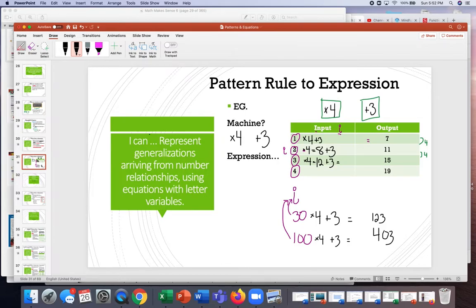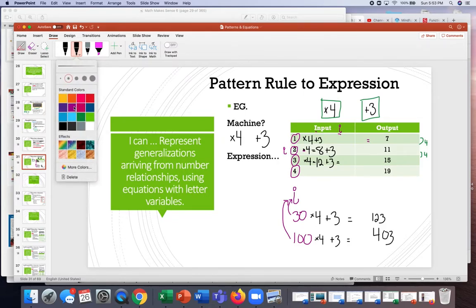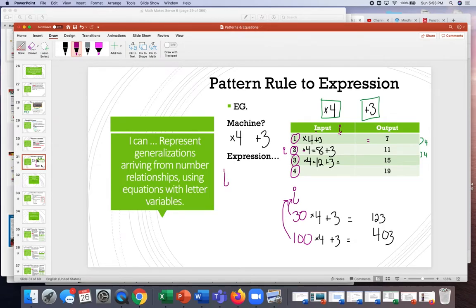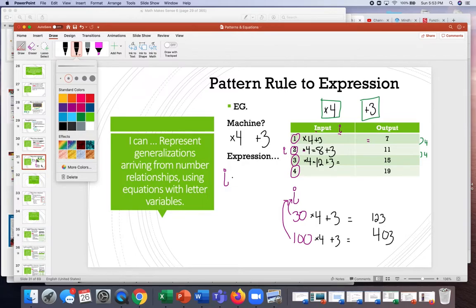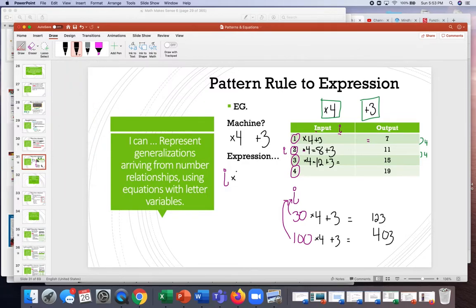Now, this is the magical part of today. All that you have to be able to know how to do is write this expression. So it is basically I times 4 plus 3.